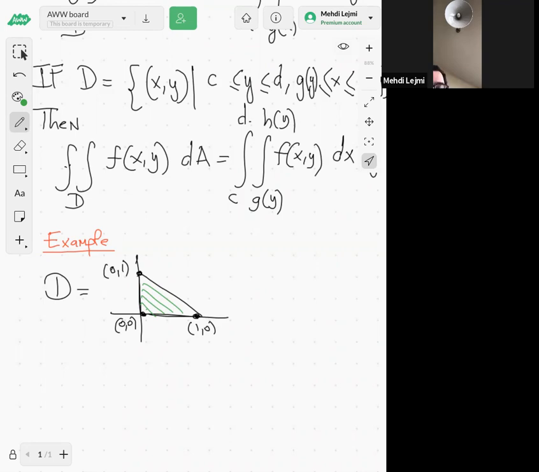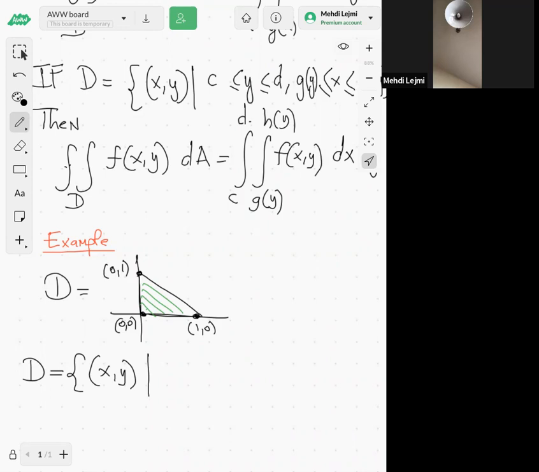We said D would be of both type 1 and type 2. We had this example earlier.